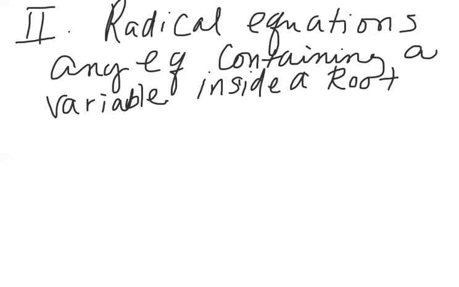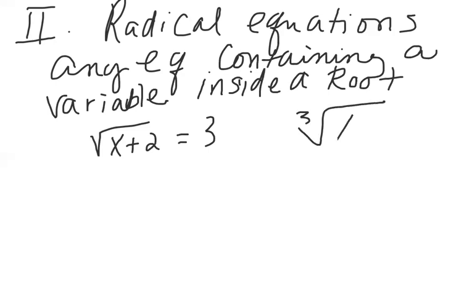So some examples of radical equations might include something like this. Square root of x plus 2 equals 3. Or perhaps the cube root of x minus 1 equals 4. Both of these are considered to be radical equations. And we'll see some more later on, guys.